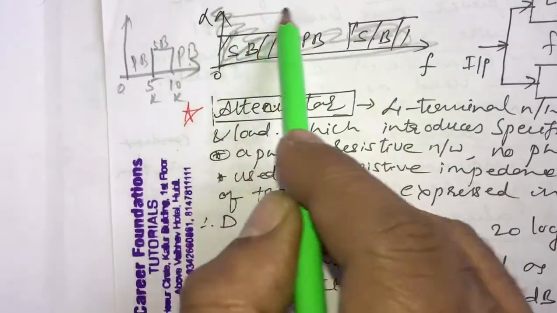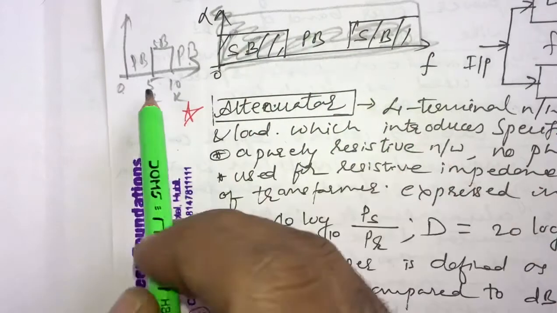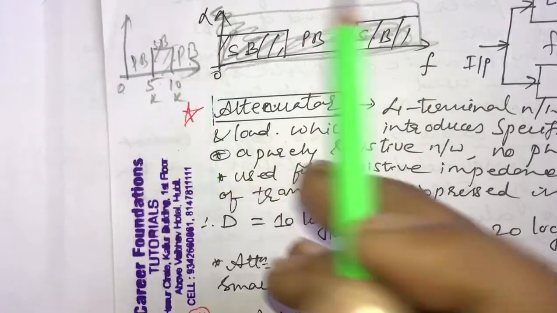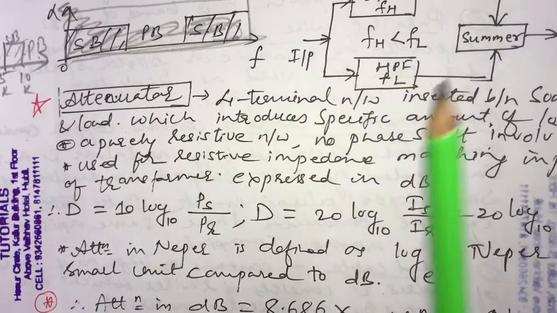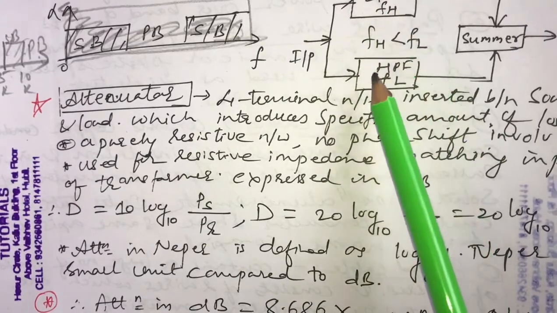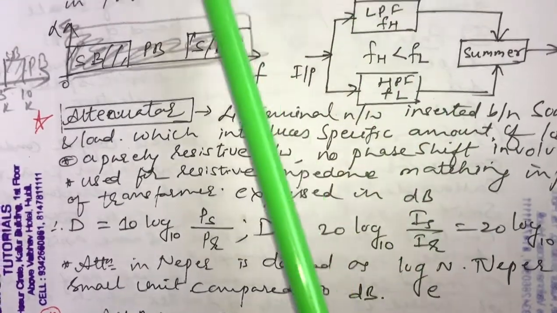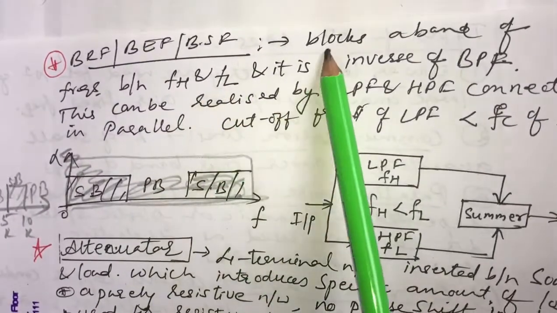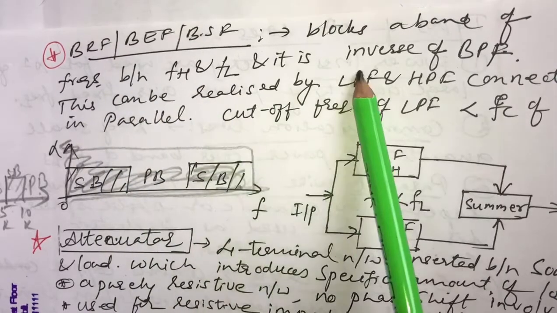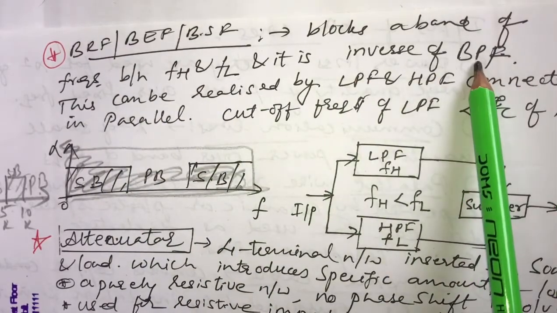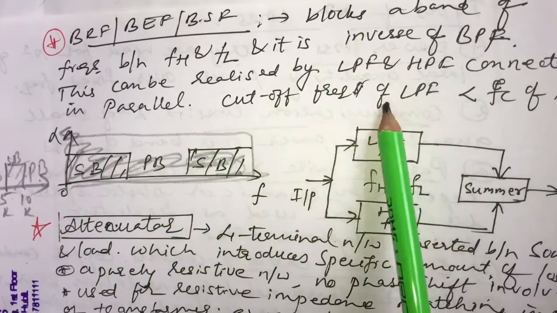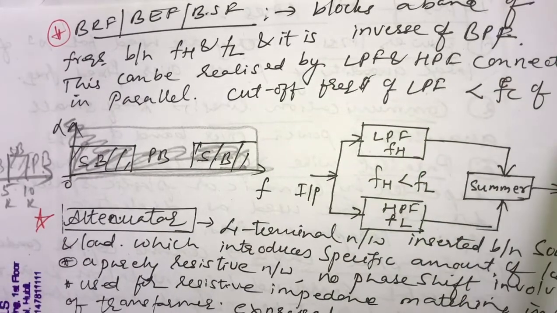Point to be noted. So please make this correction. So this is a pass band. Next we have the stop band here. Again this is a pass band. And how can this band reject or elimination filter be formed? Using one low pass and one high pass connected in parallel. So the band reject filter blocks a band of frequency between FH and FL, and it is an inverse of a band pass filter, and this can be realized by using one LPF and HPF connected in parallel, and cutoff frequency of low pass should be less than cutoff frequency of high pass.